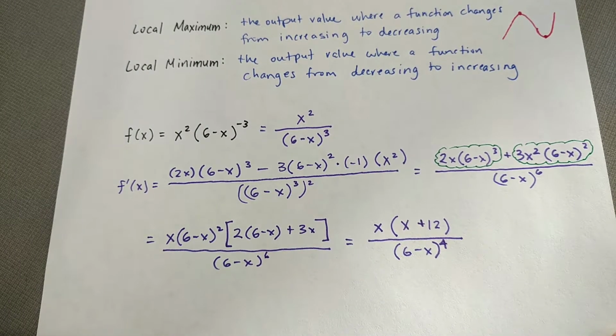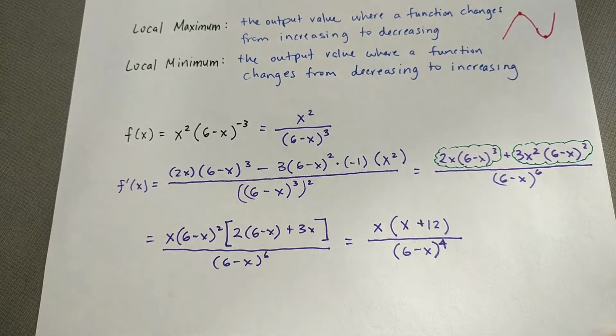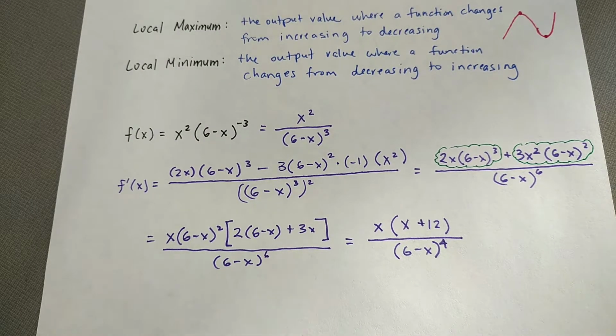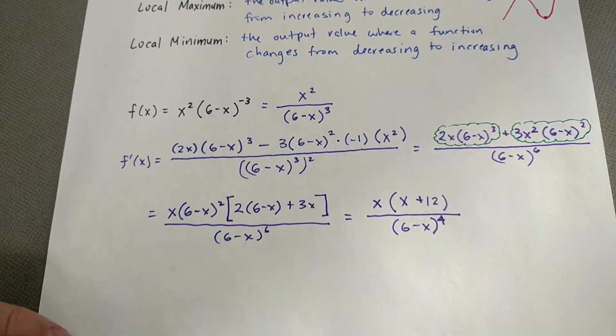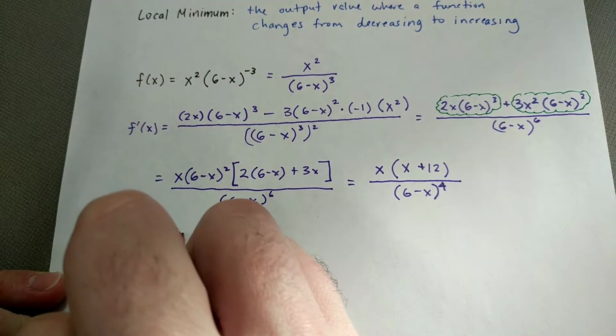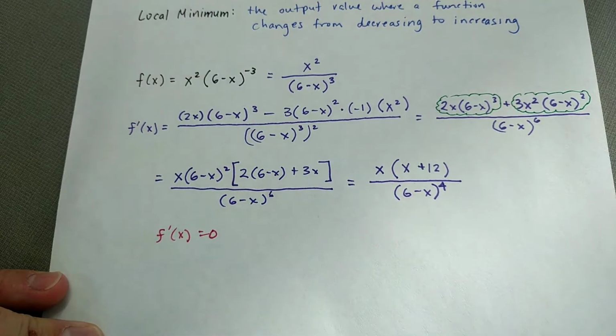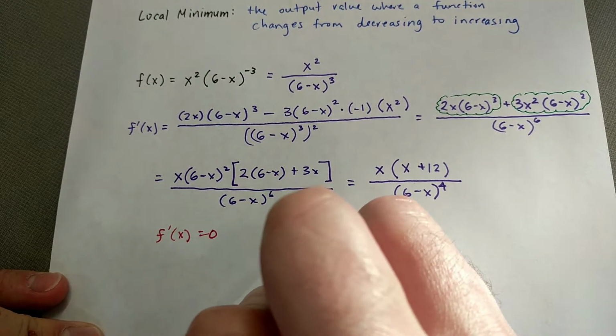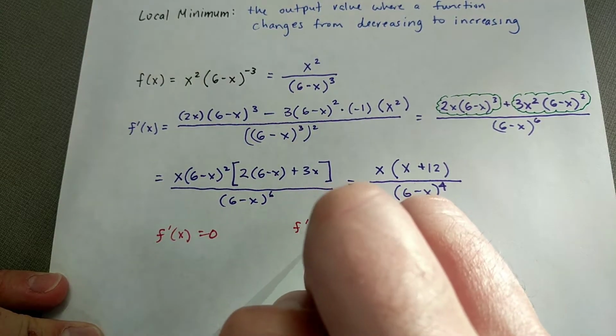Okay, so now, what do I do with this information? Well, now we try to find something called the critical numbers. The critical numbers are when you're interested in when f prime of x is equal to 0 and when f prime is undefined.